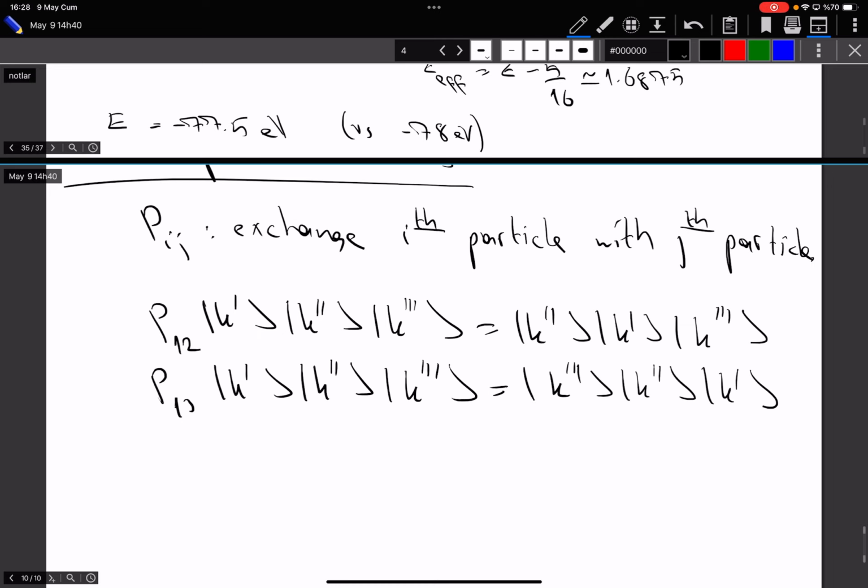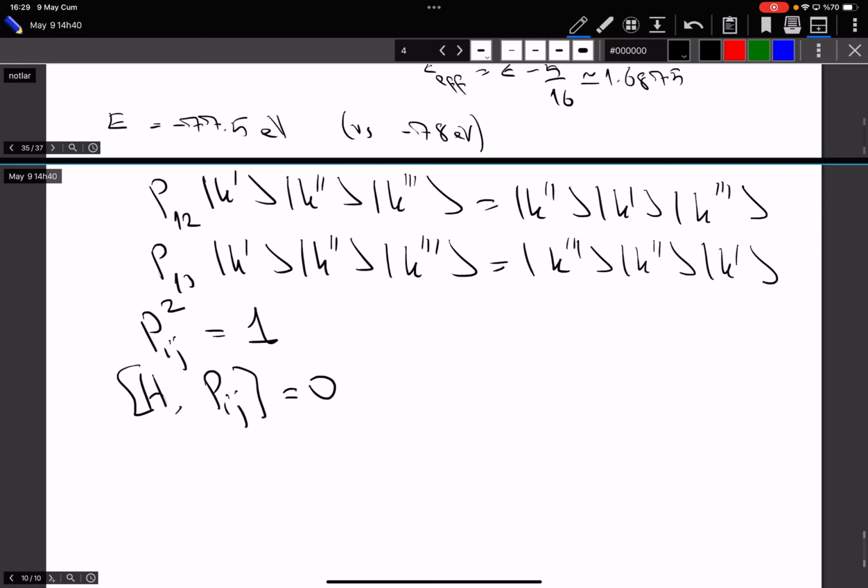Now, one thing is still true about these Pij's: if you act with the same one twice, you just have two electrons, exchange them, exchange them once more, and you get the initial state. Each one of them still commutes with the Hamiltonian if they are identical particles.